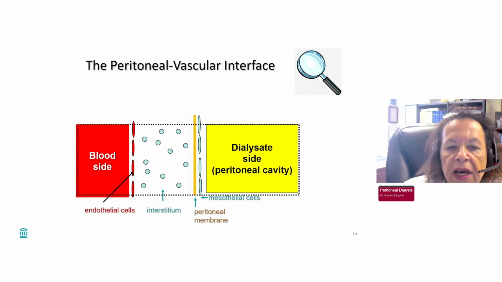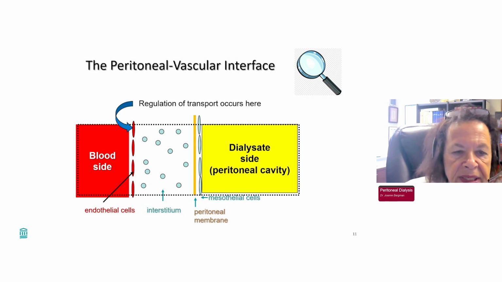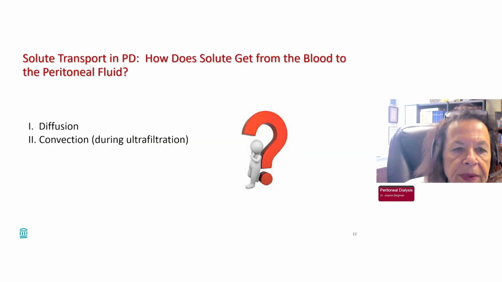And then we have the dialysate compartment itself. Current studies suggest that the regulation of transperitoneal transport actually occurs at the level of the capillary endothelial cell. Nowhere else, not the mesothelial cells, but actually the endothelial cells of the capillaries that are perfusing the peritoneal cavity.